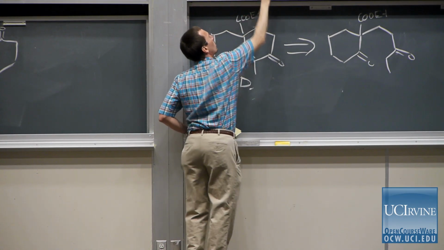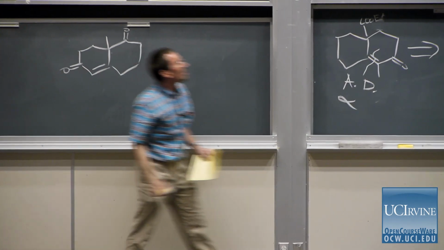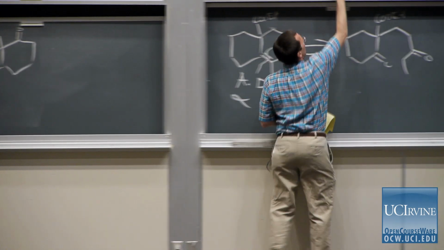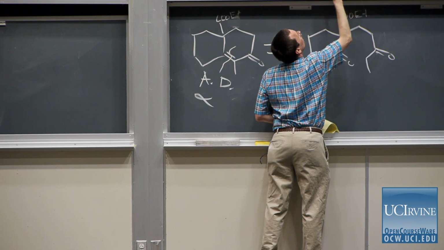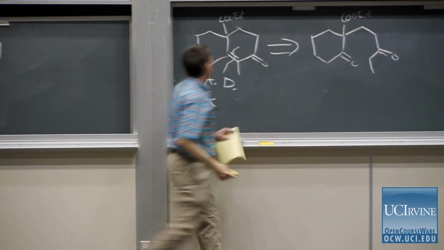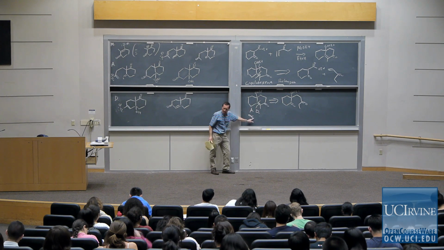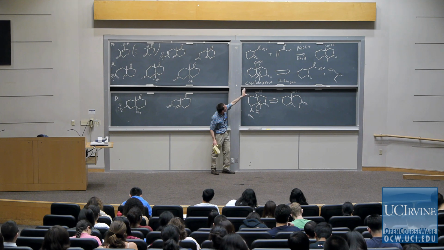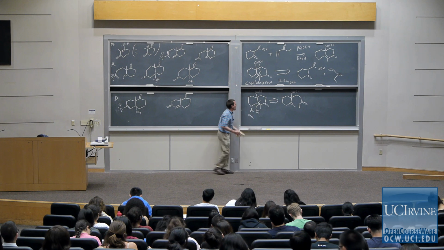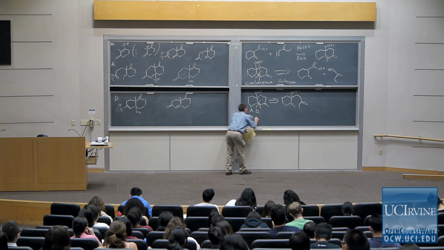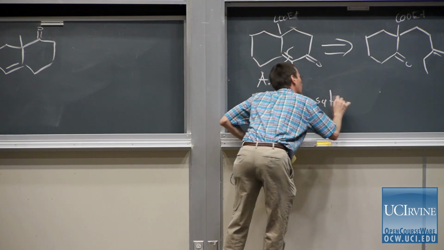This is my clue and Johnny's clue and Kim's clue that the retrosynthetic chemistry involves a Robinson annulation. But if you can't yet be at that point, you say, oh, this is my clue that this could have come from an aldol reaction. So I say, oh, this is an alpha-beta unsaturated ketone.